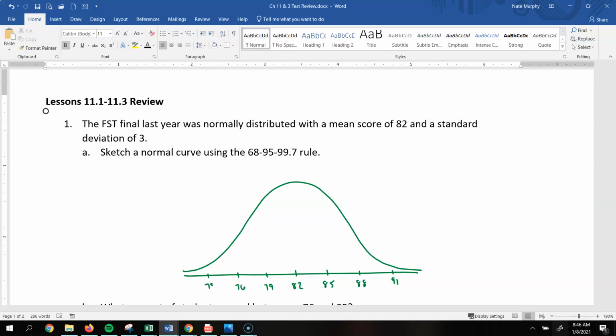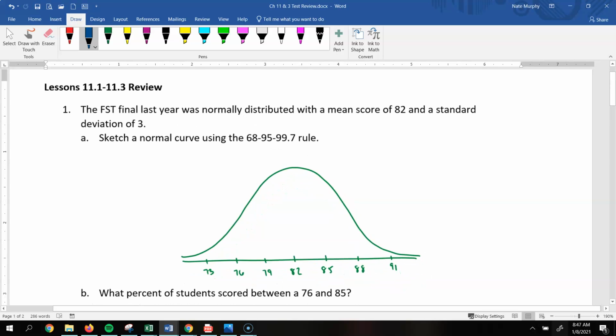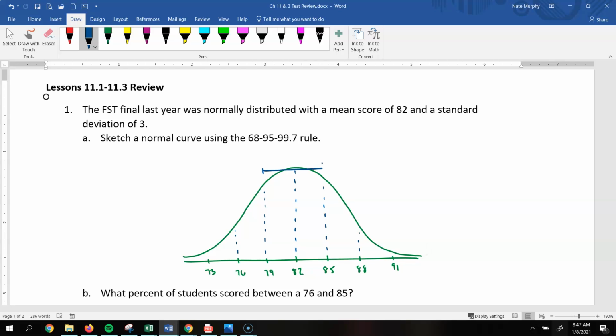76, and 73. Now the instructions tell us to label this using the 68, 95, 99.7 rule. And so I'm just going to add a few lines here so we can see better where things are at. All right. So the 68%, remember, represents within 1 standard deviation of the mean.